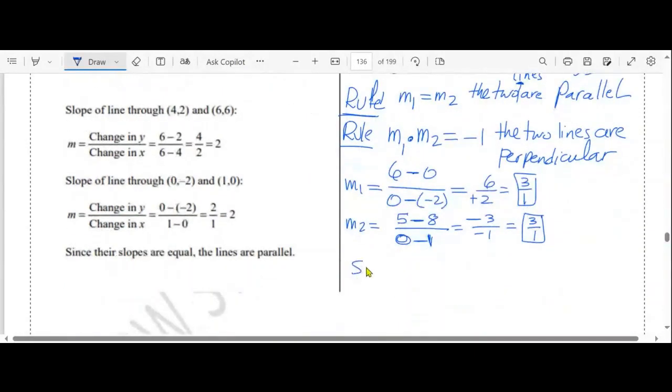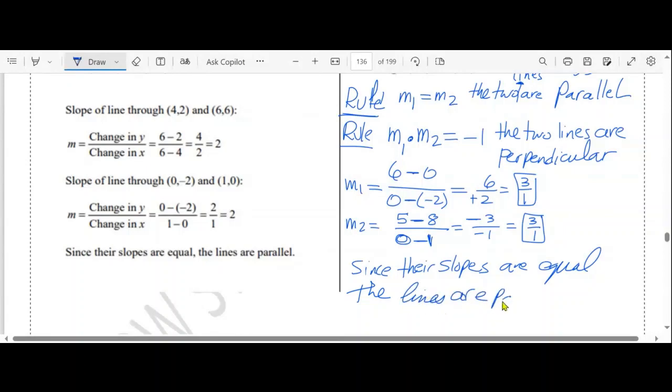In this case, we say since their slopes are equal, the lines are parallel.